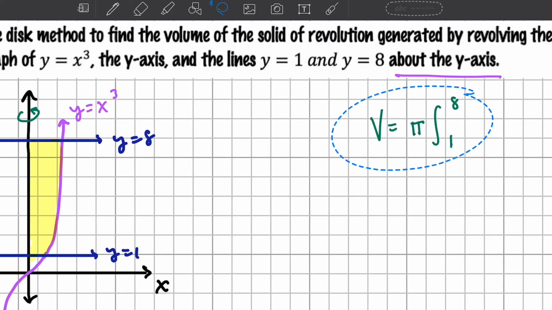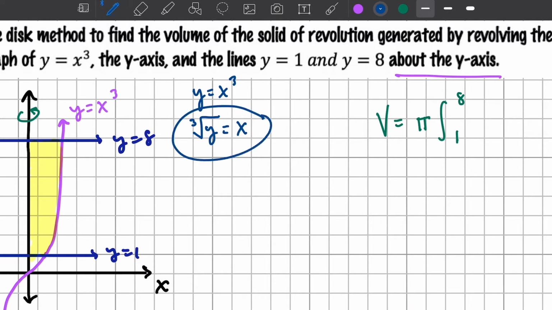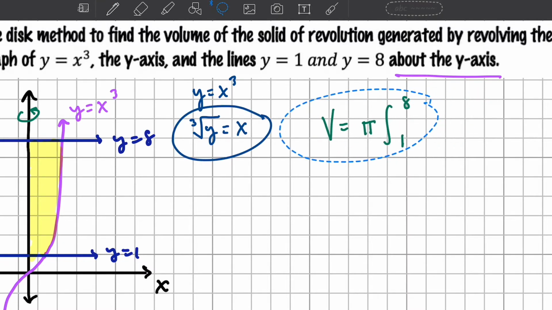So let me put this over here. There we go. Now what I'm going to do is write y equals x cubed, and to solve for x, I have to take the cube root of both sides, and that gives me x by itself. So now I can plug it in.